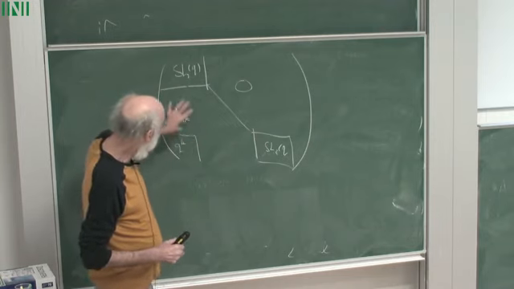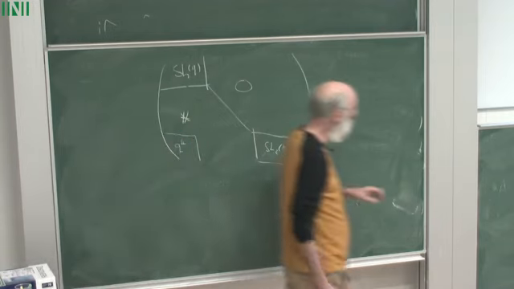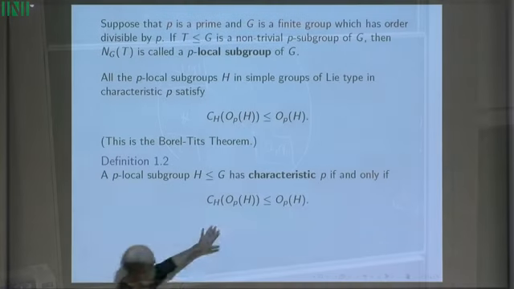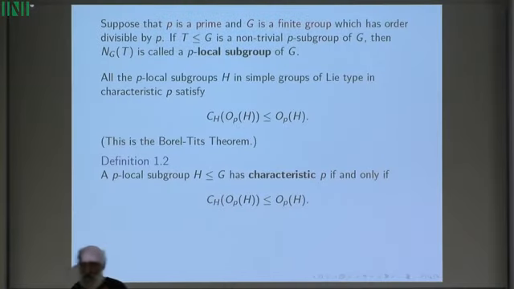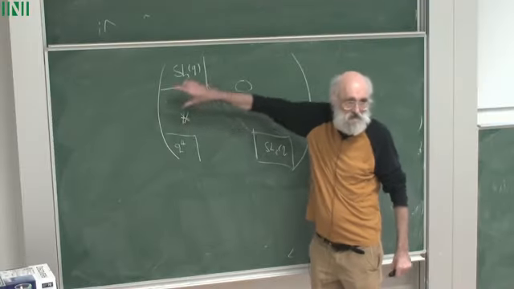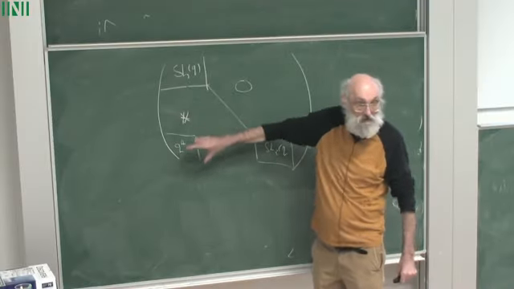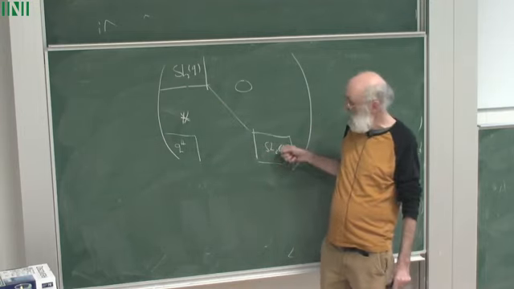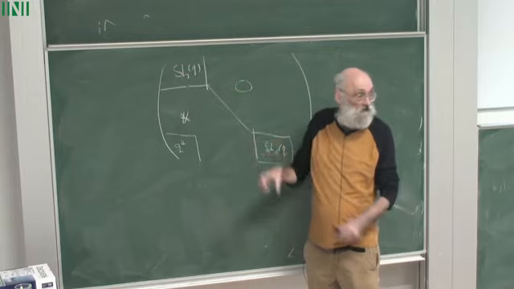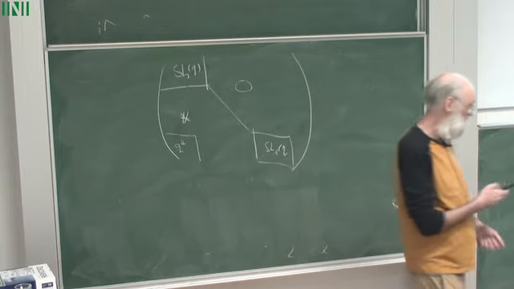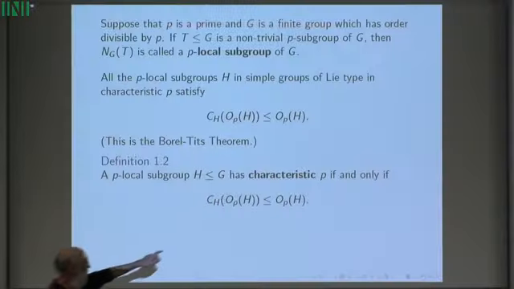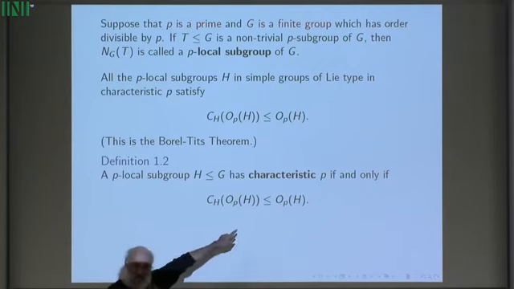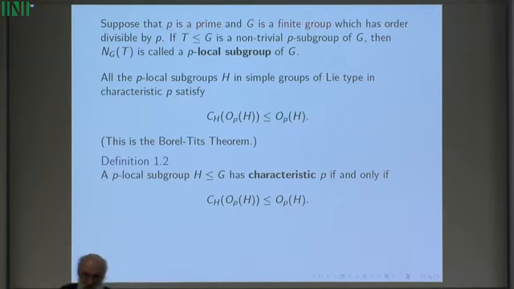And so this condition here is trying to say O_P of H is big, because these SL2s are not allowed to centralize this P subgroup here. So they've got to get modules in there for this group, for this SL2 cross SL2, and so it becomes big. So you should think of this as saying O_P of H is big. That's a rule of thumb.